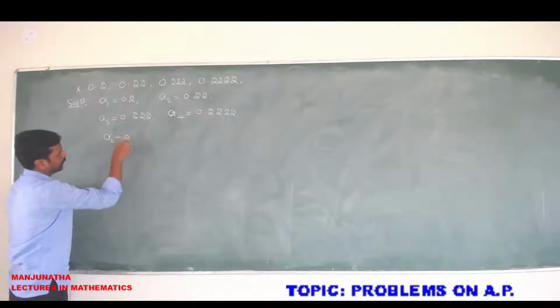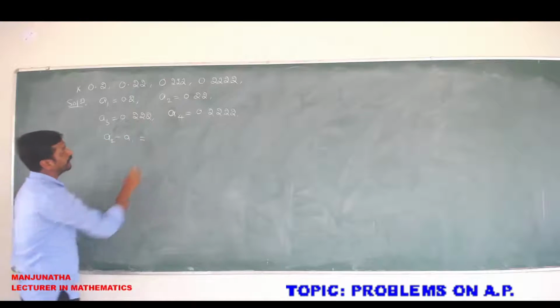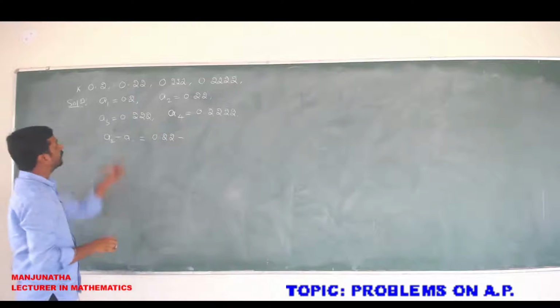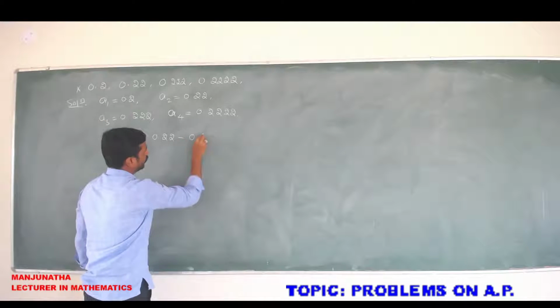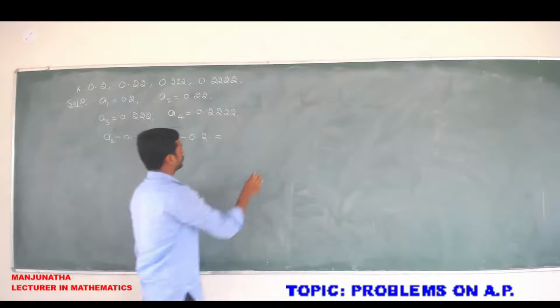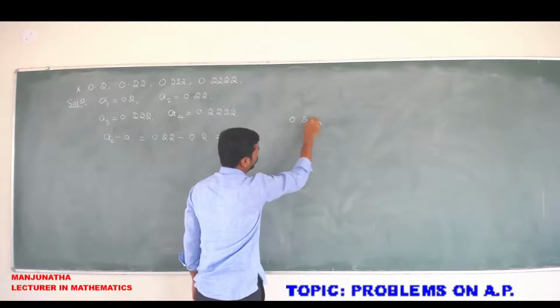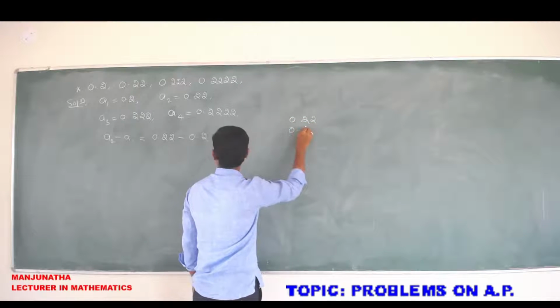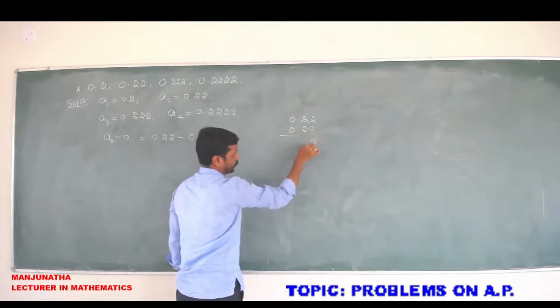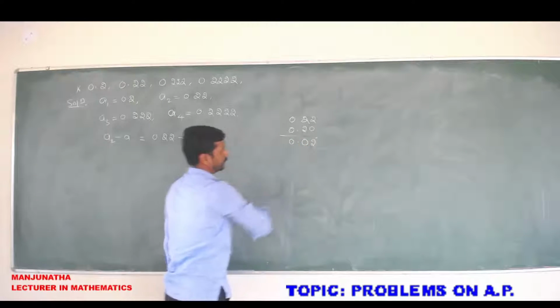A2 minus A1, this is equal to, what is A2? A2 is 0.22 minus A1 is 0.2. If we subtract 0.2 from 0.22, 2 minus 0 is 2, 2 minus 2 is 0, point under point, 0 minus 0 is 0.